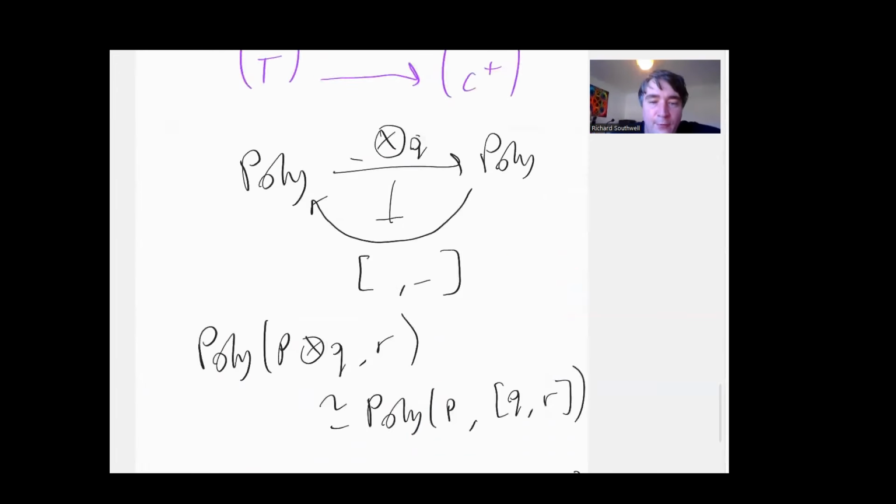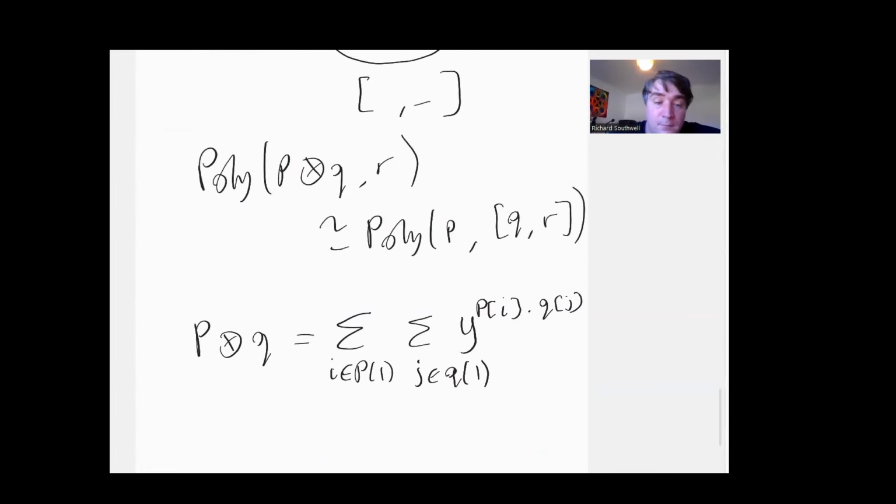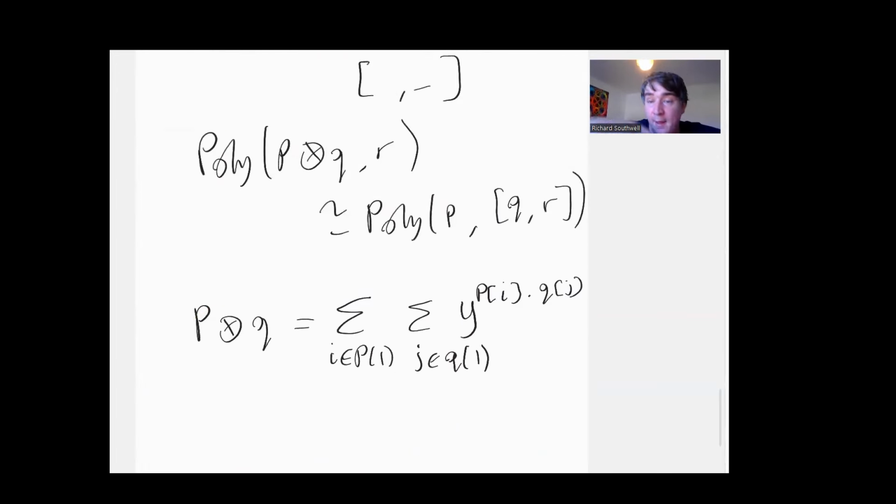So this gives us a monoidal structure on poly. This category poly is actually a monoidal category in lots of interesting ways, and this is one way it is.